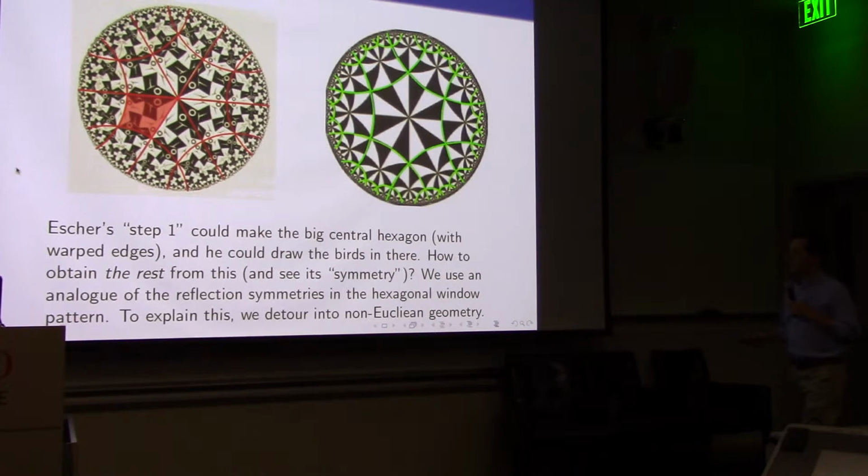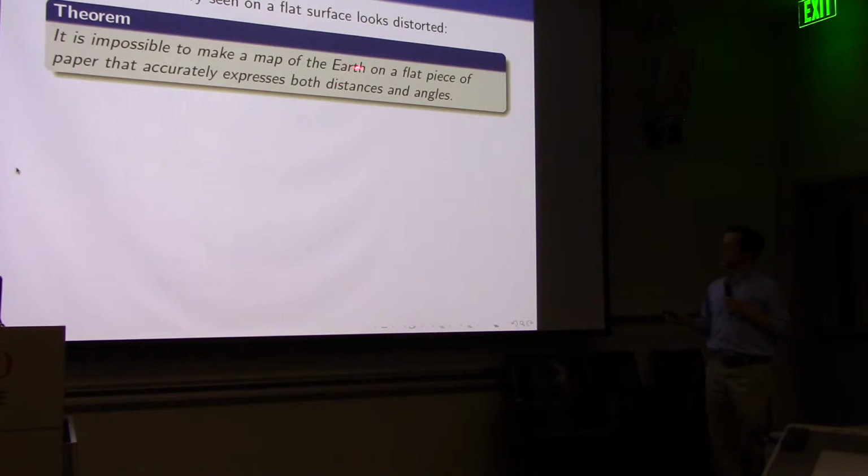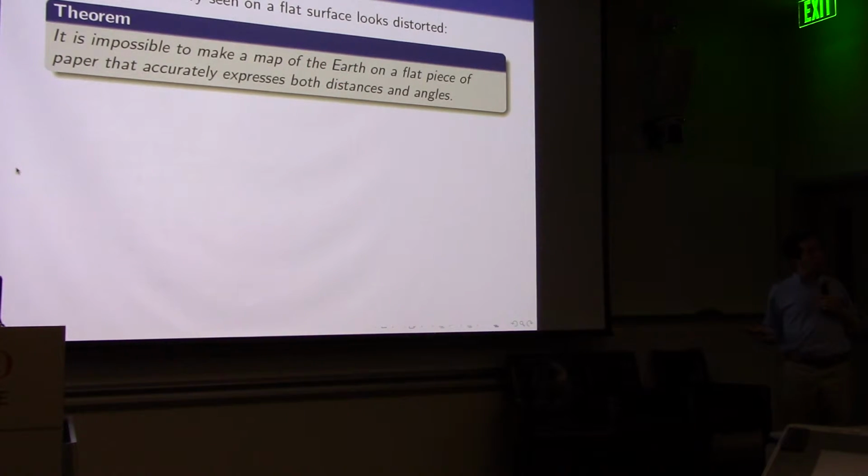So now we're going to have to make a small excursion into non-Euclidean geometry to see how this is really a symmetric situation. And so to do that, we're going to first recall a very familiar fact, that you can't make a map of the surface of a ball accurately on a piece of paper in such a way that expresses both distances and angles in a faithful manner.